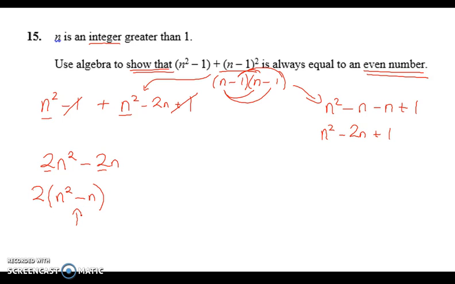Whatever the number inside the bracket is, it will always be multiplied by the 2. So that's enough to show that it will always be even, because any number times 2 is always even.